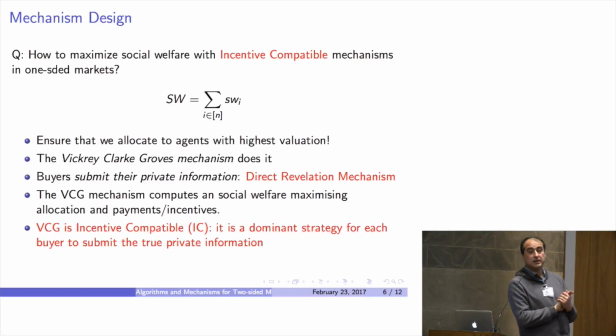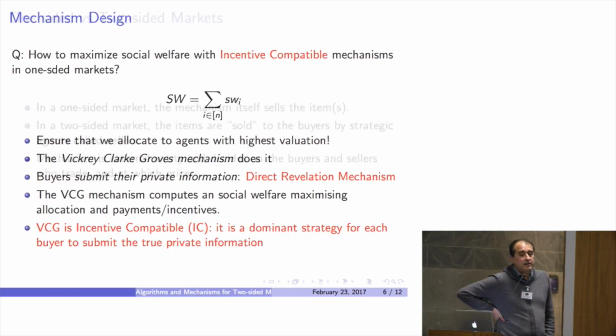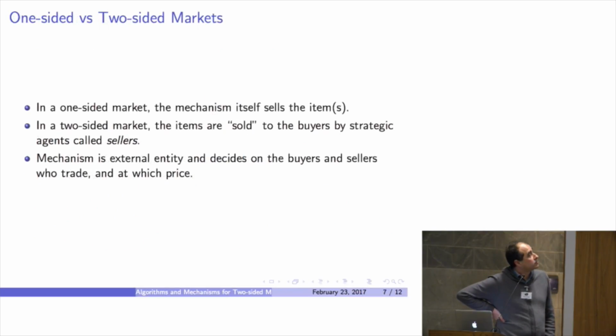A mechanism that is able to achieve this goal is called an incentive-compatible mechanism. So it's a dominant strategy for each agent to submit the true private information. That's something that people are not always willing to do, indeed. Unfortunately, nothing like that is known for two-sided markets.